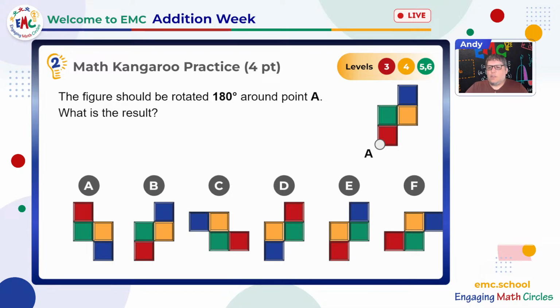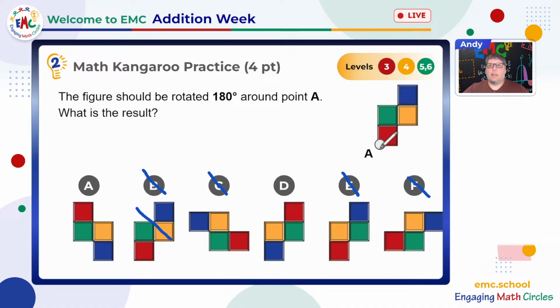You can eliminate the ones that don't have that one on the top. Yeah, we should have red on top. So we can get rid of B, C, and E, and F. None of them have red on top.